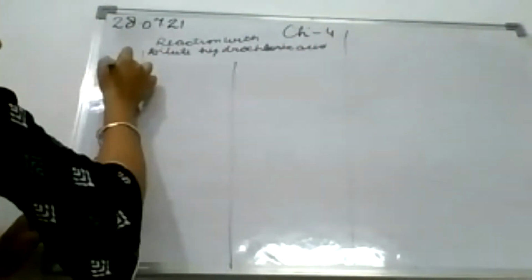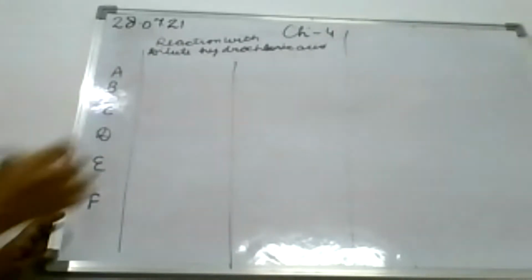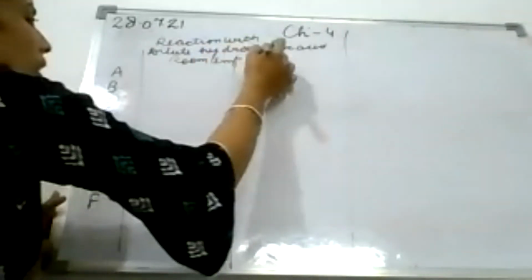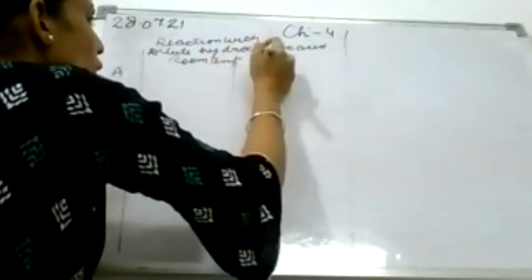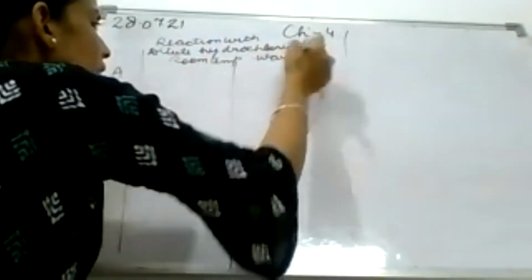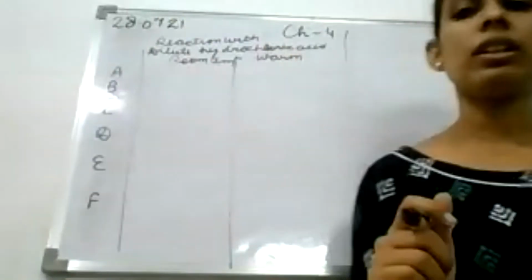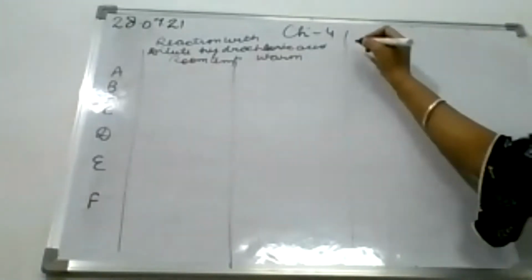First one is room temperature, and second is by warming it. Clear? And the next is reaction with the sulfuric acid.